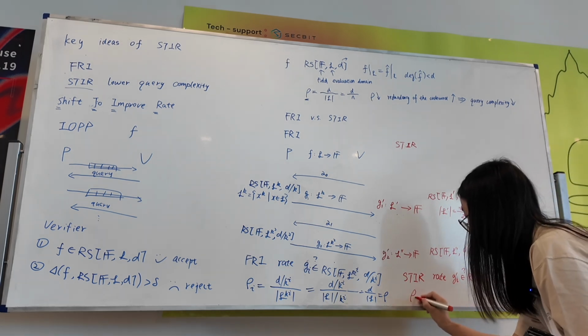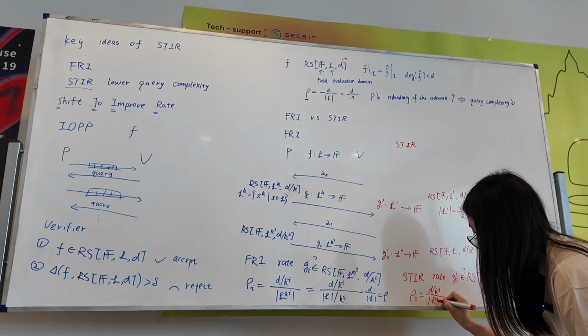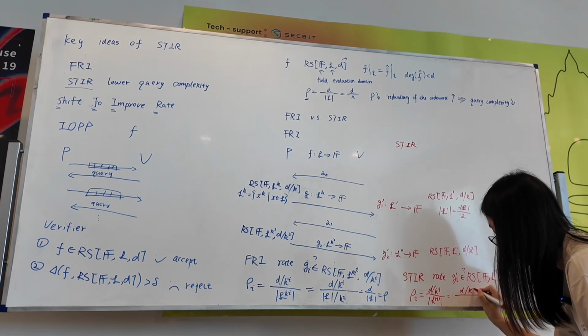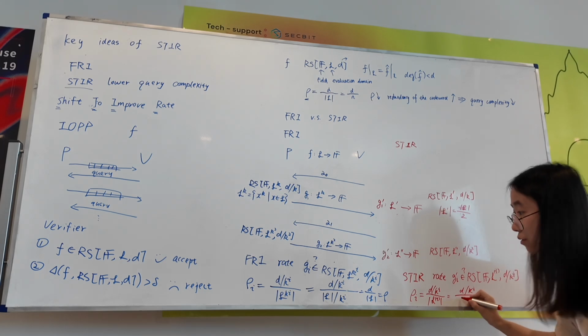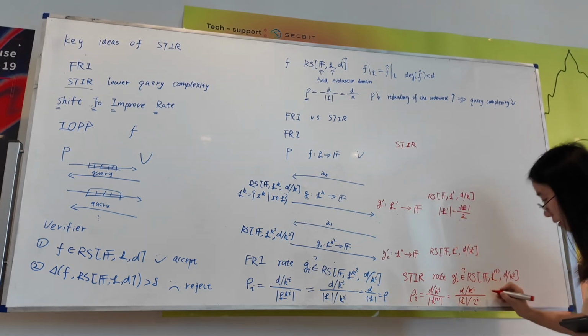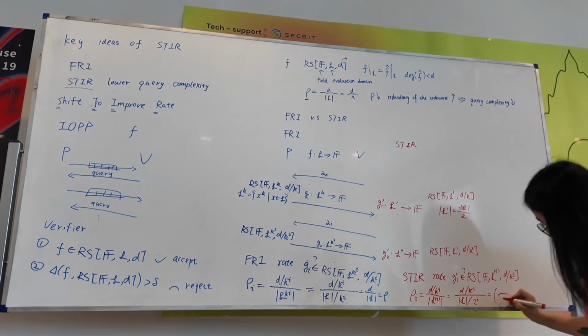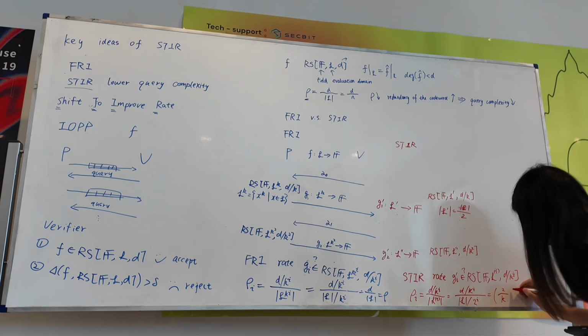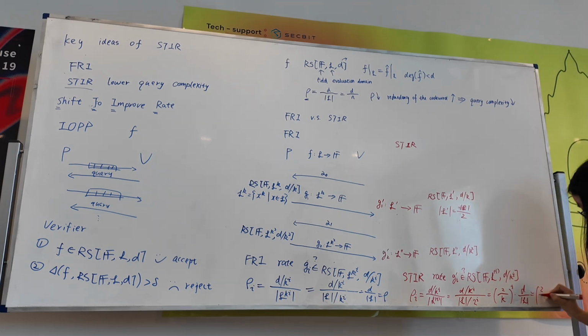So its rate is the degree over its size, which is d over k^i divided by L over 2^i. So when k is larger than 2, this is less than 1, right?